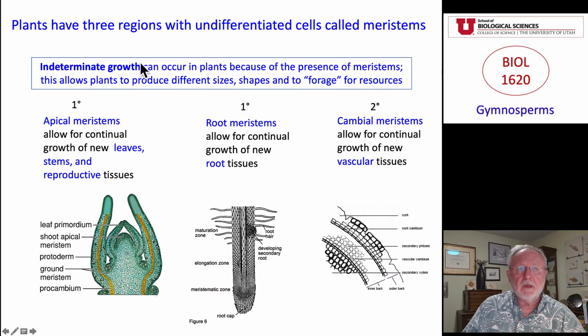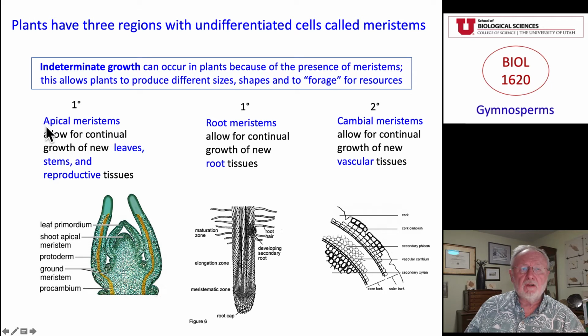This indeterminate growth associated with meristems allows growth to develop in a number of different directions. This means that plants have a mechanism for foraging by allowing growth in different directions in response to resource levels. So the first meristem, undifferentiated tissue, is called the apical meristem.